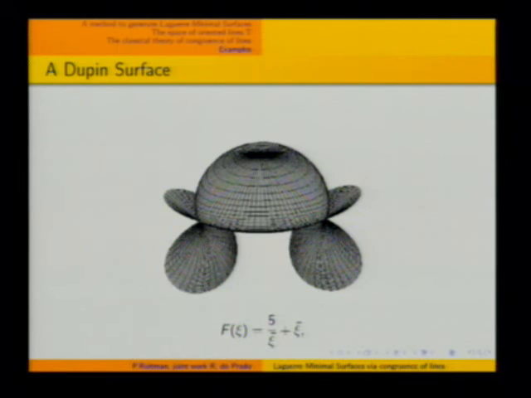If you start with f given by this expression, you get a surface of this type, which is actually a Dupin surface. Lines of curvature are circles. I didn't know that some Dupin surfaces are also Laguerre minimal, but it turns out they are.